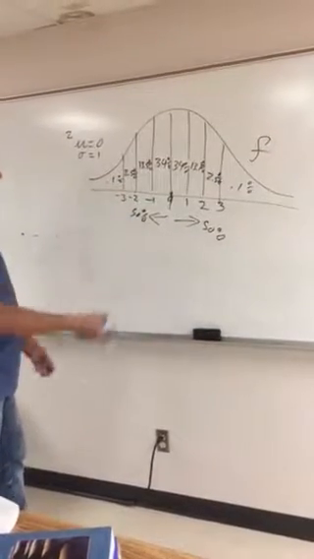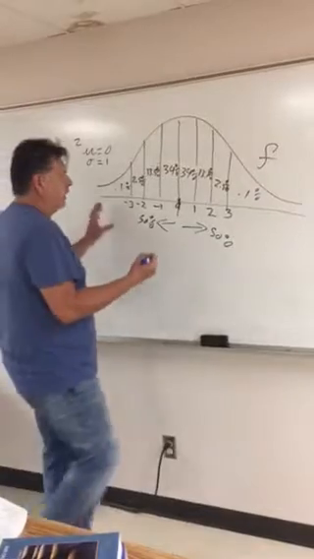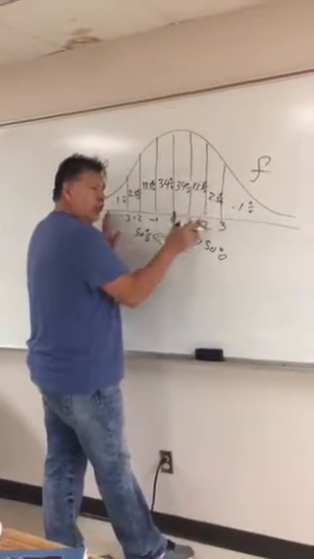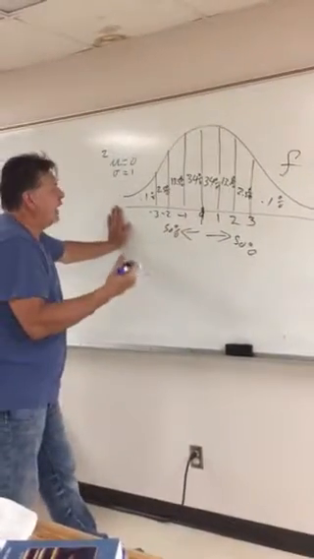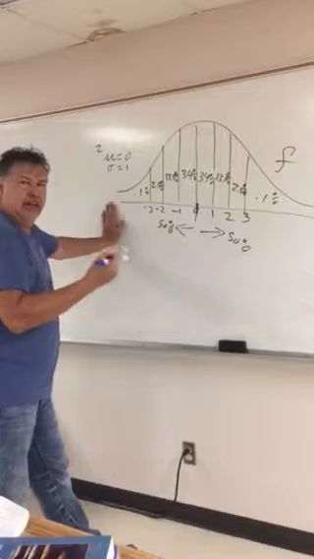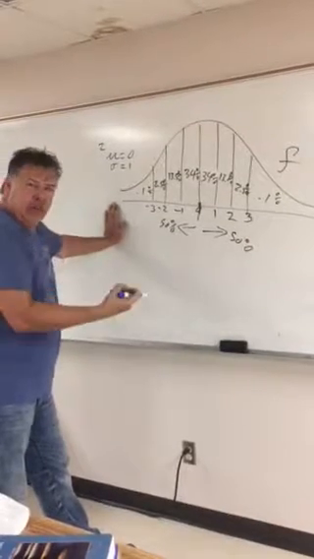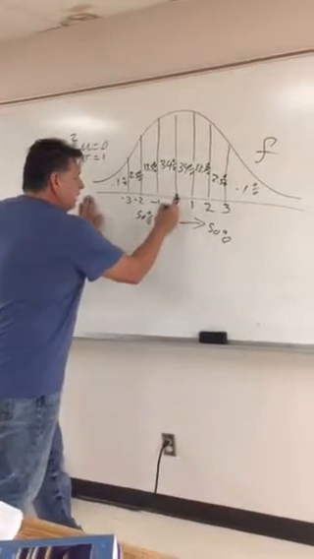So what I'm going to ask you to do in your homework is find the area under the normal curve for some value of Z. If I ask you what is the area left of a Z value of 0, your answer would be 50%, because 0 is at the mean.